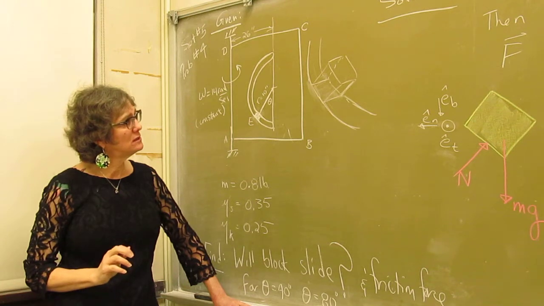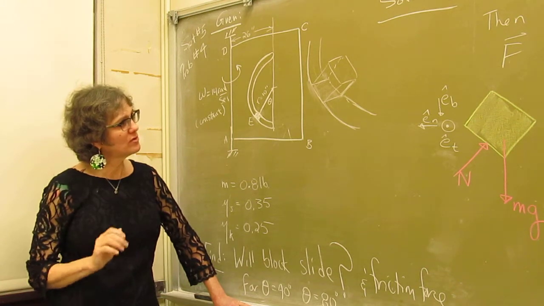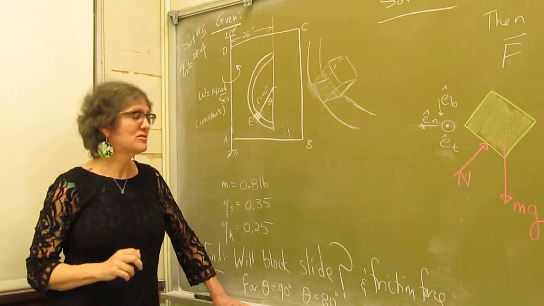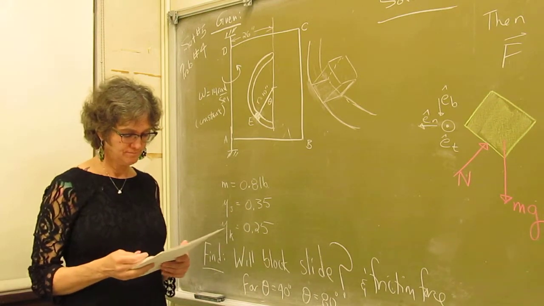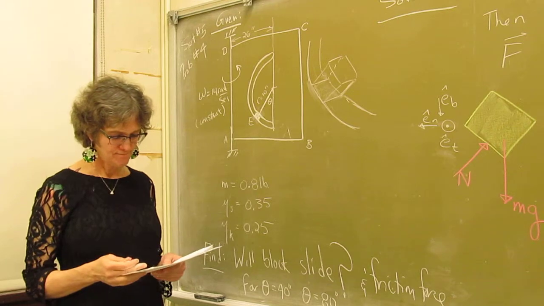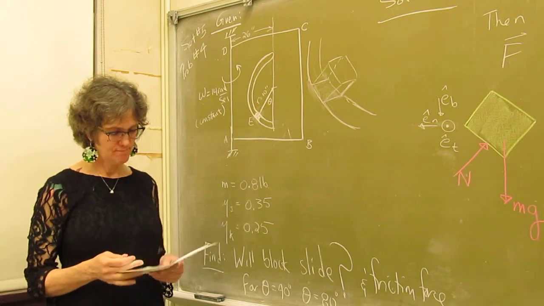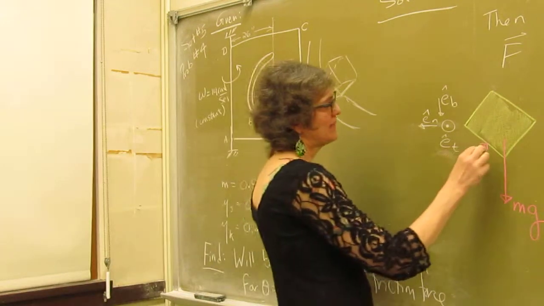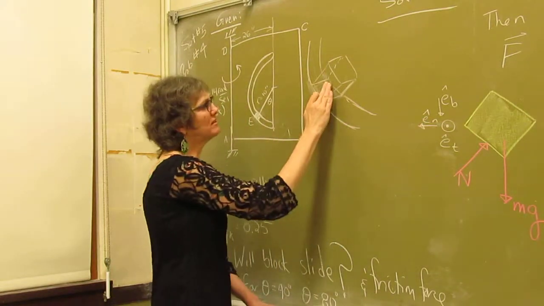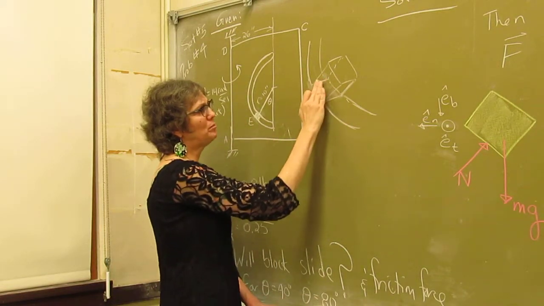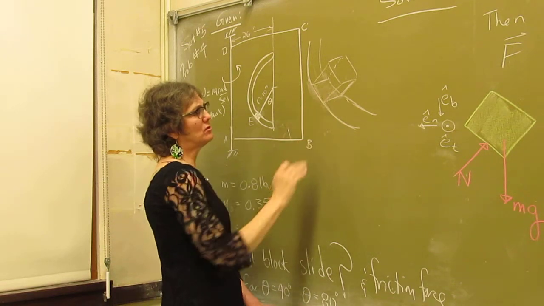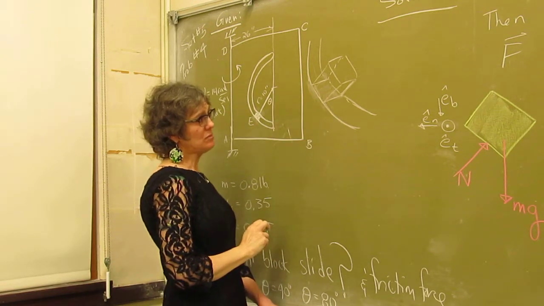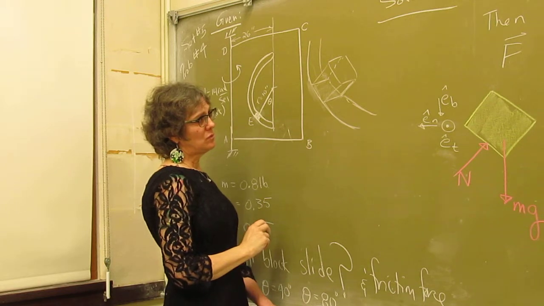So okay, now I have to address the frictional forces. This is going to be perpendicular to N. But do you see that the frictional force would be in this whole area? It's against the motion, whatever the motion is.